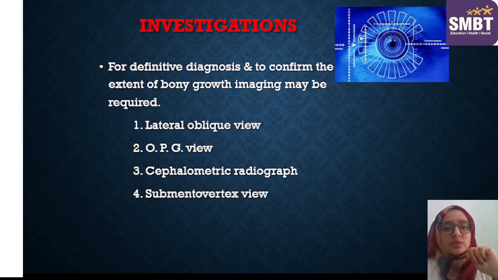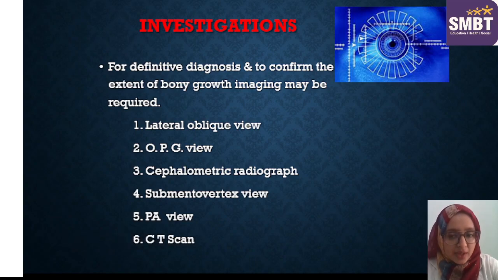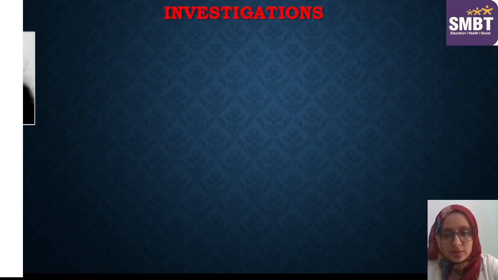Then cephalometric radiographs, submentovertex view and PA view. Most advanced nowadays is CT scan, available but economically at a higher cost, and it gives a definitive diagnosis. You can see soft tissue and hard tissue both.